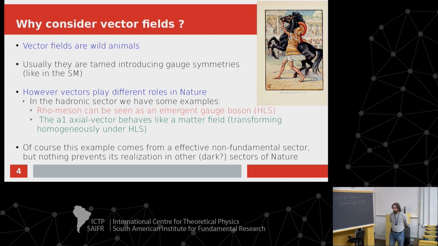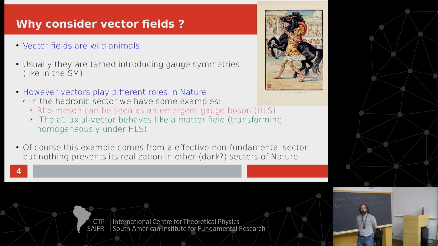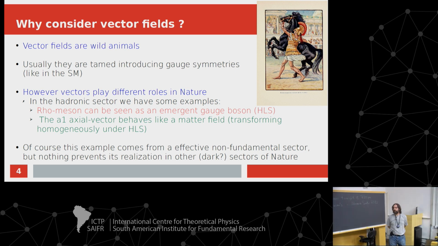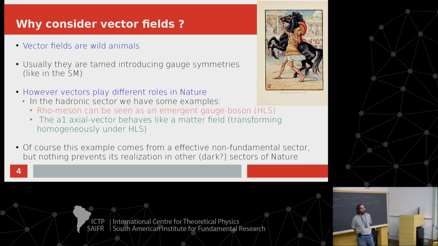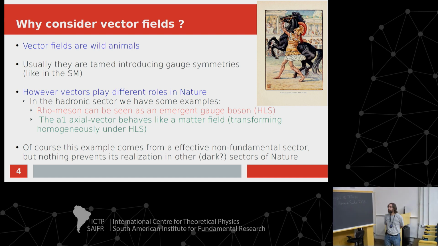However, in nature we know examples of massive vectors which play different roles. For instance, in the hadronic sector, we have the rho meson, which can be seen as an emergent gauge boson in the spirit of the hidden local symmetry.